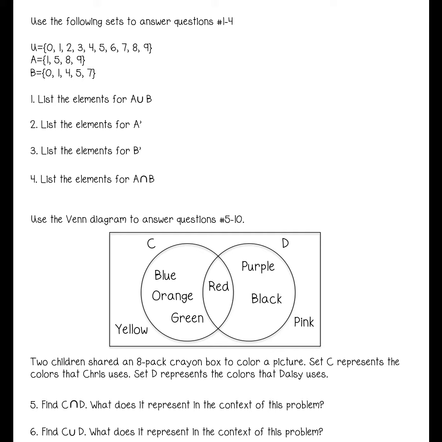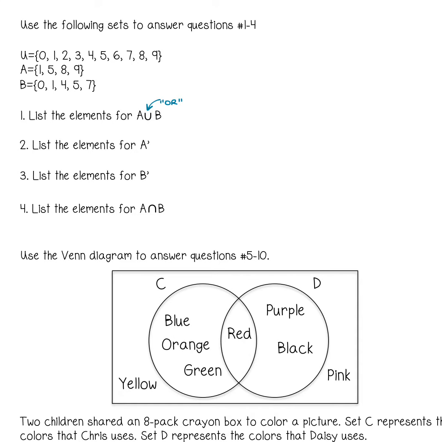So we've got our universal set, set A, and set B. It wants us to list the elements in our union, and remember, union means "or", in set A or set B. So we want to see whoever's in set A and whoever's in set B. So we're going to go through and make our set.